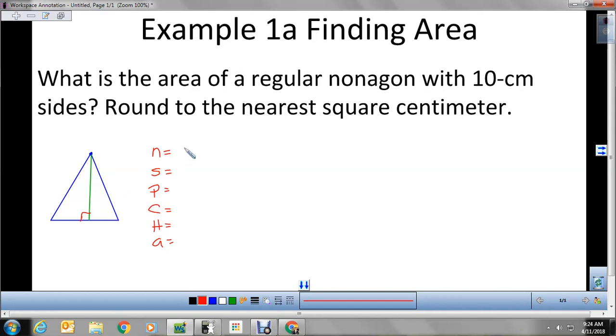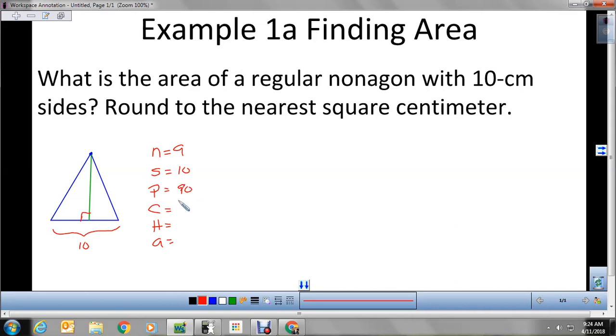So in this case, we have a nonagon, which is 9 sides. The side length is 10 centimeters, which means this whole side right here is 10 centimeters. So we've got to find the half side length, which would be 5. Now, the perimeter would be 9 times 10, which is going to give us 90.